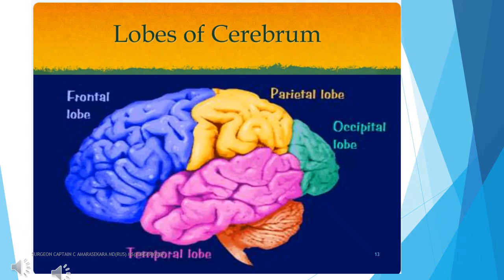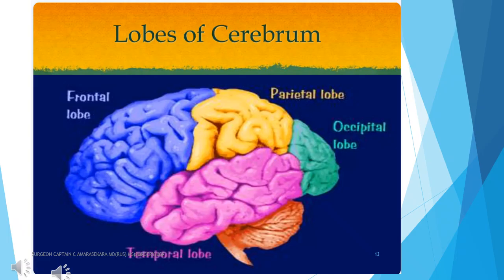Then we'll go to the parietal lobe, colored in yellow. Functions are sensory integration, spatial awareness, and proprioception. Lesions in this area may cause contralateral sensory loss, hemineglect, especially in the right parietal lobe, apraxia, and dyscalculia, especially in the left parietal lobe.